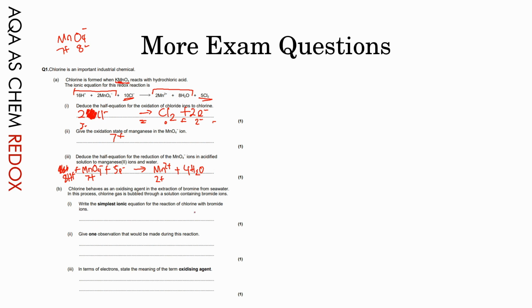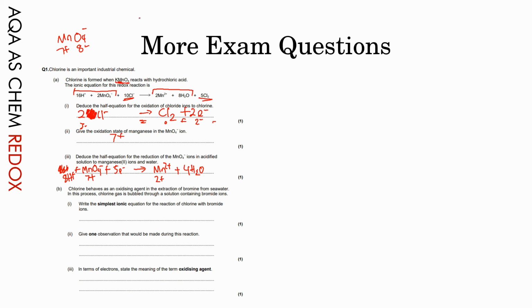Next, chlorine behaves as an oxidizing agent in the extraction of bromine from seawater. I've never seen this question before, so this is like my first time doing it. In this process, chlorine gas is bubbled through a solution containing bromide ions. Right.